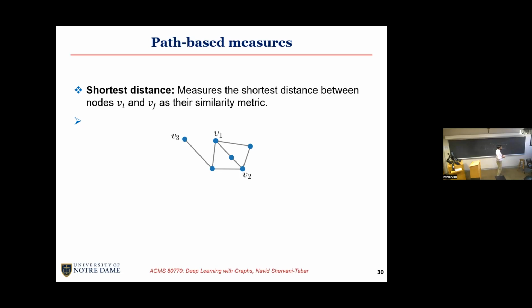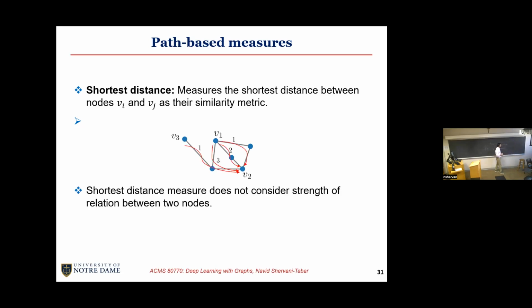The shortest path from V1 to V2 has length 2. There are two edges in the shortest path between V1 and V2. At the same time, there is a path of length 2 between V2 and V3 as well. So that will indicate that V1 and V2 have the same similarity as V2 and V3.